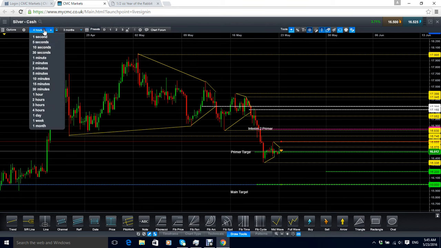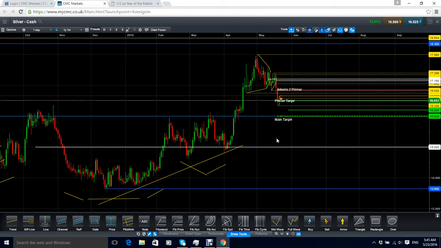Very technical analysis today for those of you who are silver based, but in essence, once we've hit this 16, we haven't got much room then before we hit the inverted head and shoulder pattern that I've been talking about.